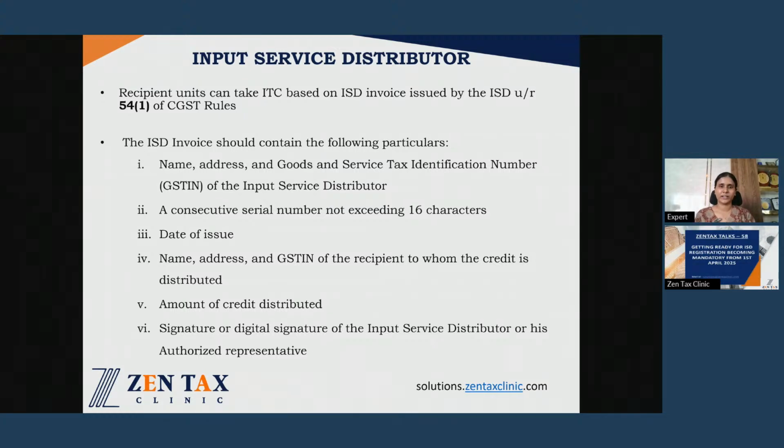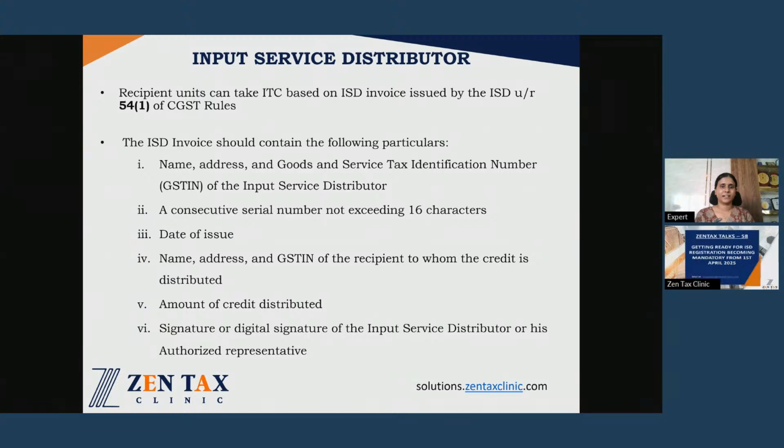In Rule 54 sub-section 1, they have clearly provided the particulars, and as per those rules only we need to issue an ISD invoice. So even though the transfer is happening between distinct parties, we should raise an invoice, and the ISD invoice should contain the following particulars.